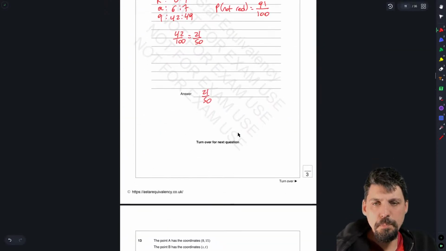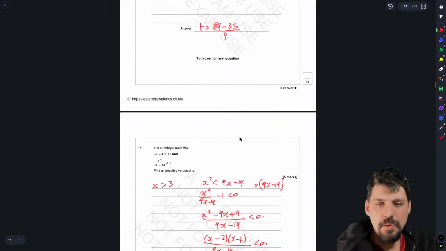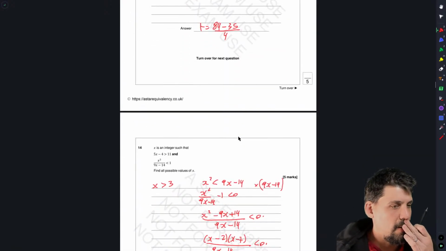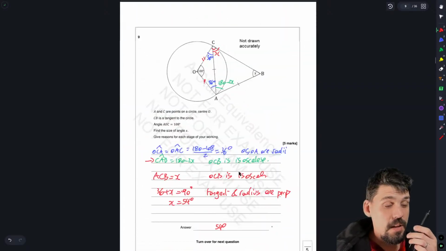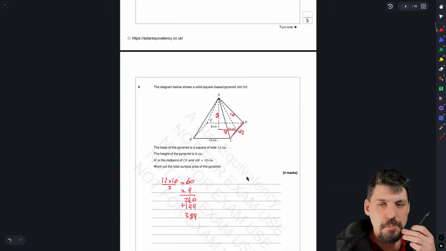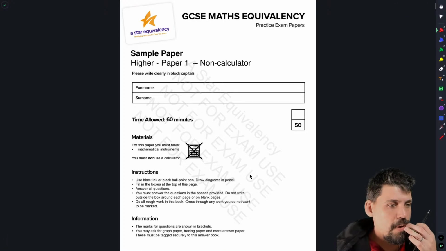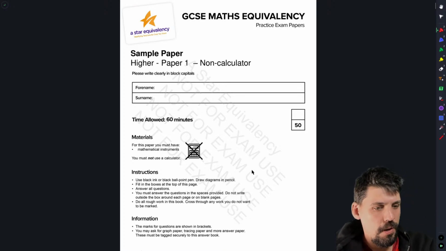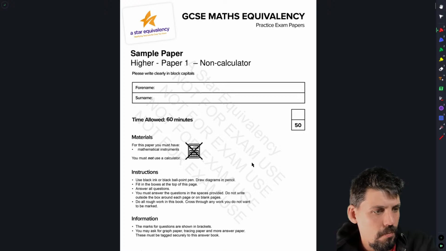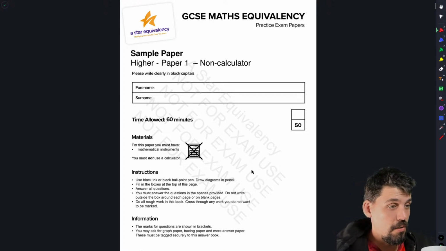So what should we do? Should we do both papers and then see how I did? Or should we do them paper by paper? What do we think? I won't lie to you guys, I am shattered. I am expecting to make some absolute whoopsies in this. What's the vibe? Should we do it paper by paper or do both and then come back and mark them both? Druv, I am so cooked for English.